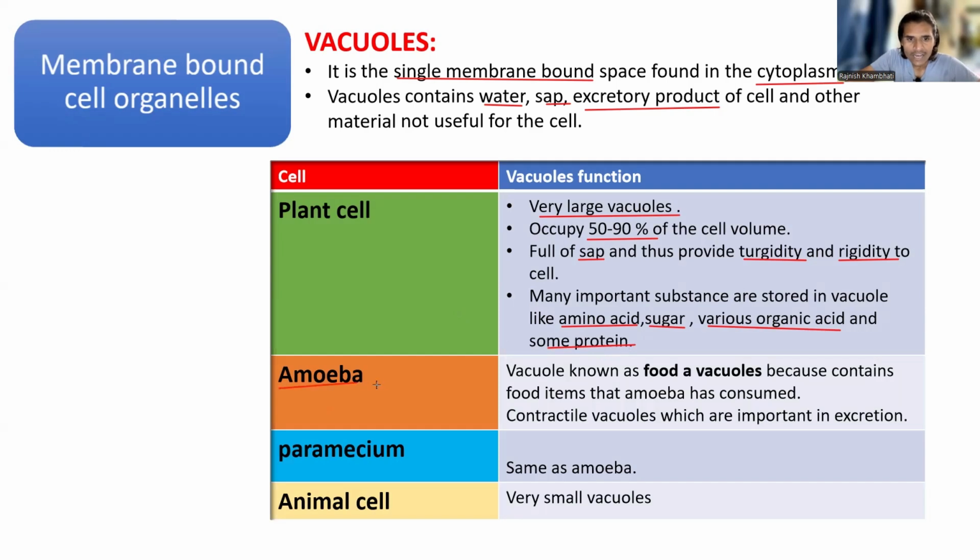Then in an amoeba cell, the vacuoles are known as food vacuoles, because they contain the food items that the amoeba has consumed. When eating food, the amoeba packs the food into a vacuole, known as a food vacuole. Amoeba also has contractile vacuoles, which are important in excretion.